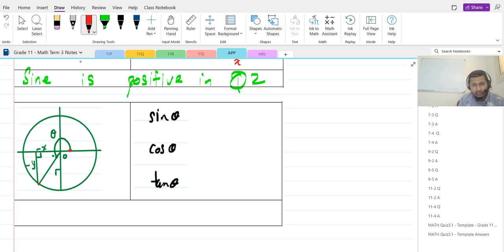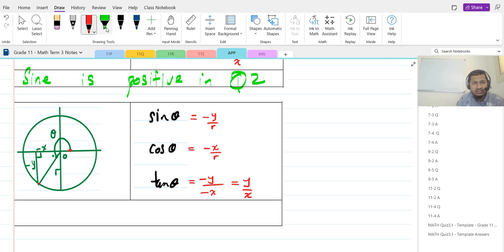So sine theta will be negative y over r, cos theta will be negative x over r, and tan theta will be opposite over adjacent, which is negative y over negative x, which is y over x.